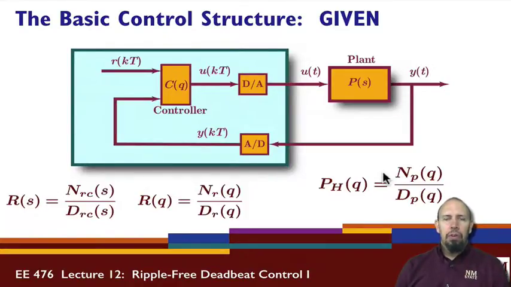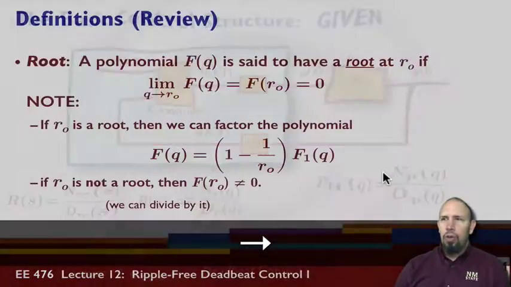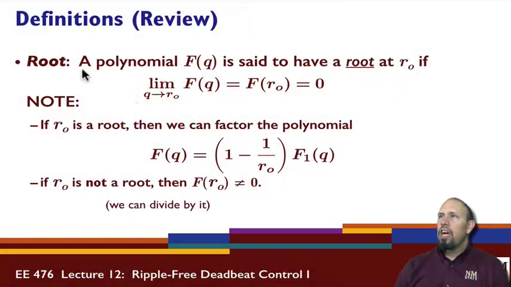Now before we get into this, I need to review a few important concepts. First, the concept of a root. A polynomial is said to have a root at some value R0 if you evaluate the limit as q goes to R0 of f(q) and you get 0. That is the definition for a root. So notice that if f has a root at R0, then we can factor the polynomial this way.